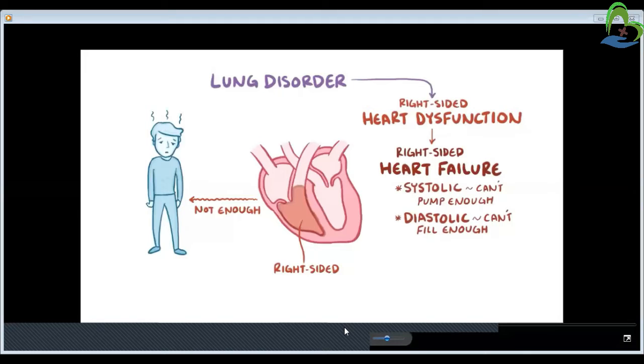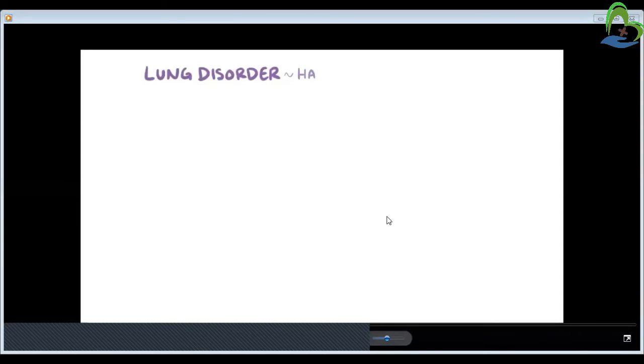So cor pulmonale is the lung disorder which develops right sided heart dysfunction, leading to right sided heart failure. So it is ultimately a lung disorder that is the cause. Hence we are aware that lung disorders lead to what?